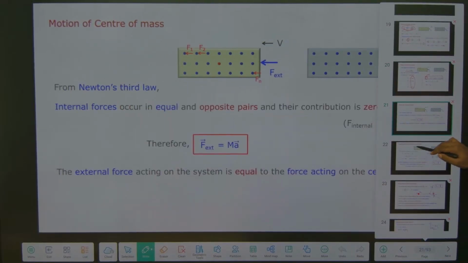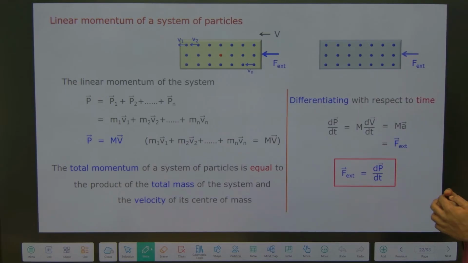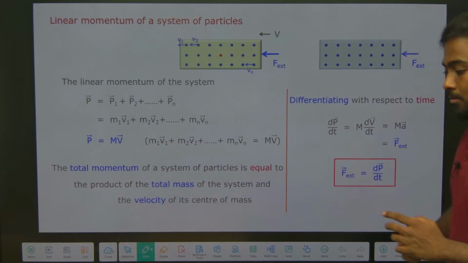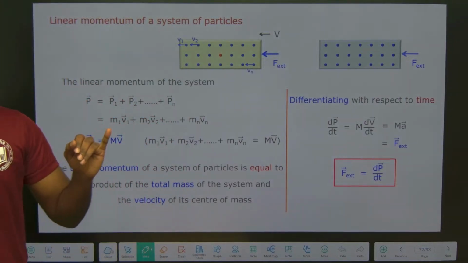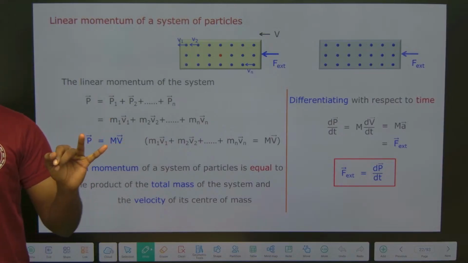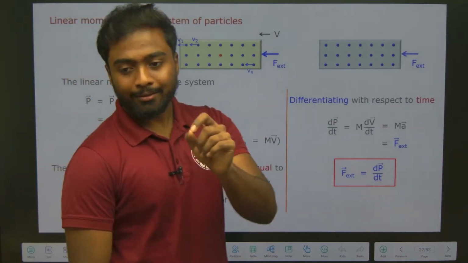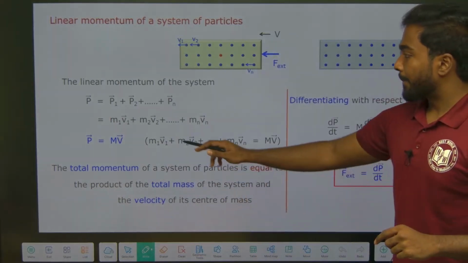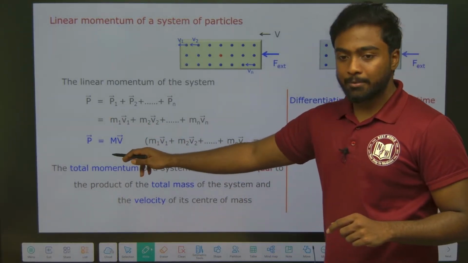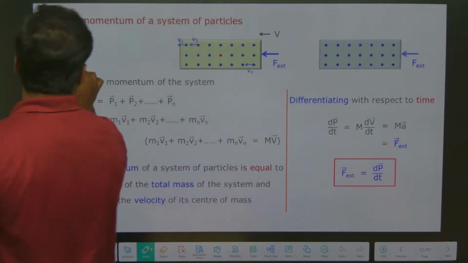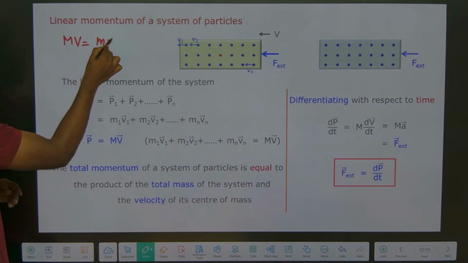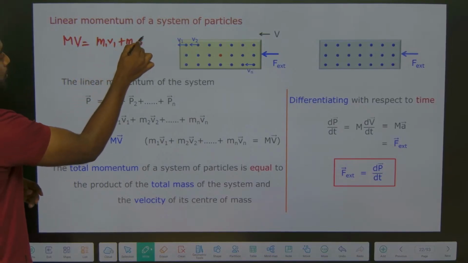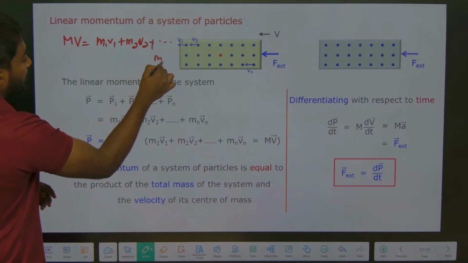Okay. So this was the thing we were discussing. Okay. So next one, the linear momentum of a system of particles. So two things we have learned: one is acceleration, one is velocity. For acceleration, we know that mass into acceleration is known as force. Similarly, mass into velocity, can I call it momentum? So we have got the relation, that is M v is equal to m1 v1 plus m2 v2 up to mn vn, right?